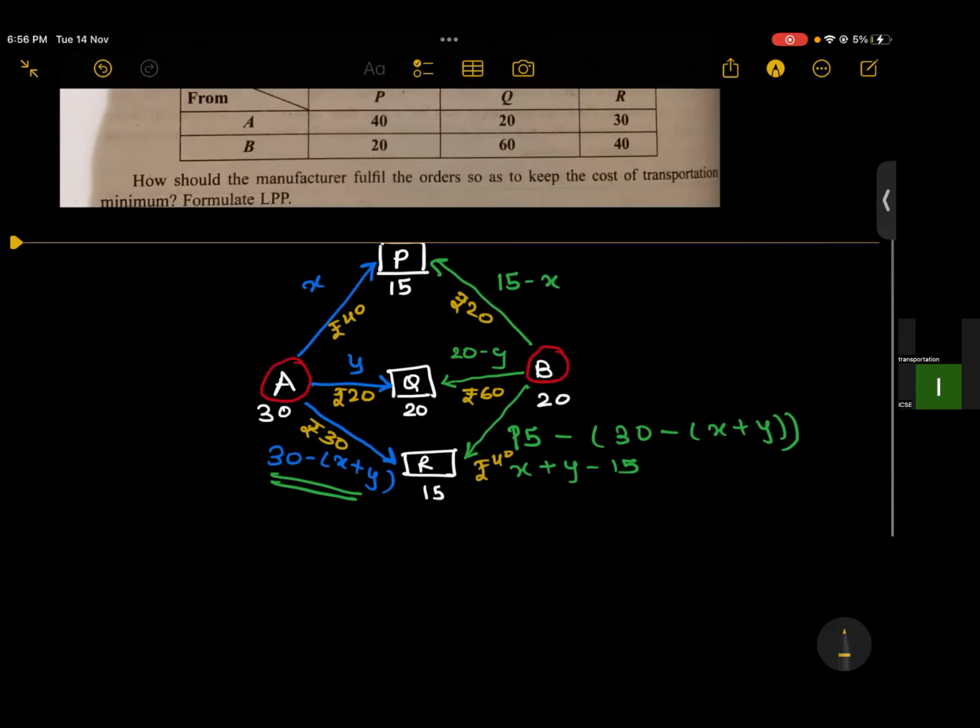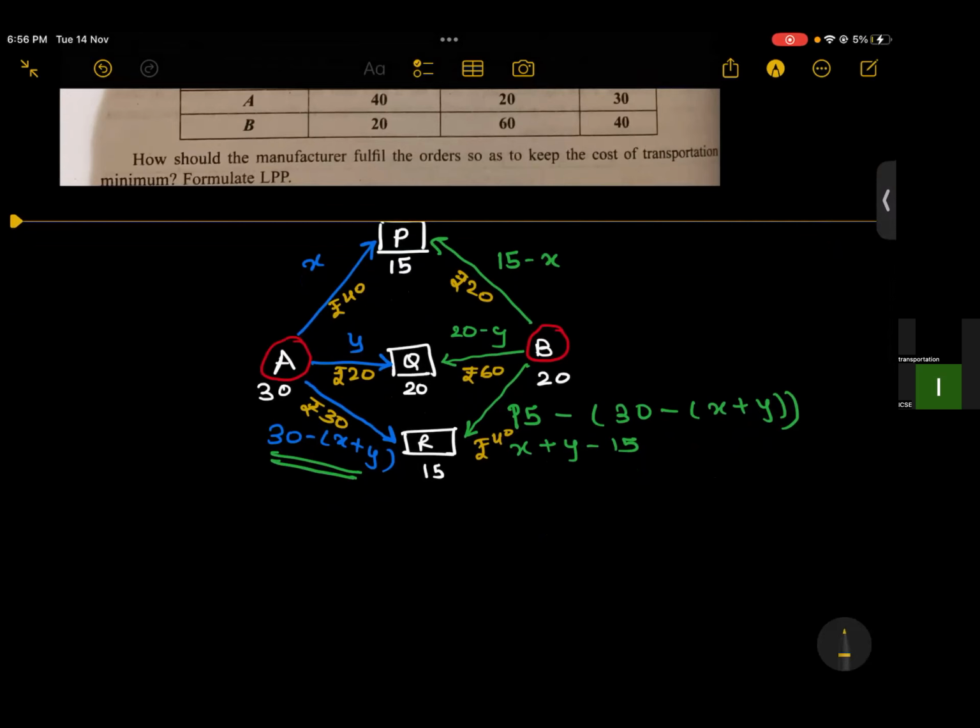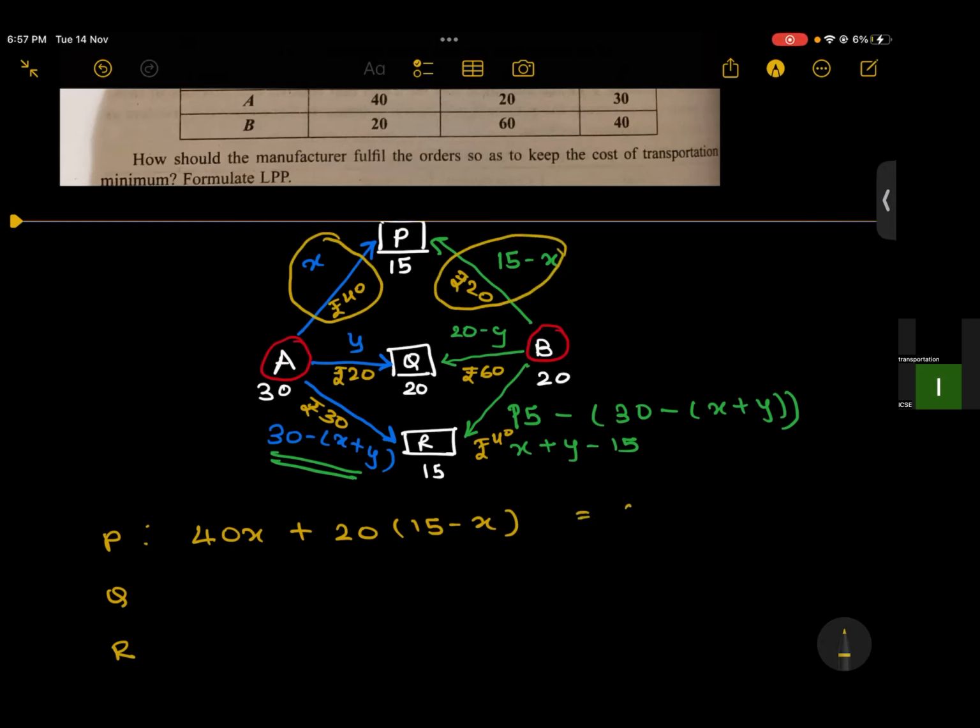Once this is clear, we will be making the total cost required by building P, by building Q, and building R. So P would be requiring 40x plus 20 into (15 minus x). I'm taking this combined cost, which will give us 40x minus 20x plus 300.